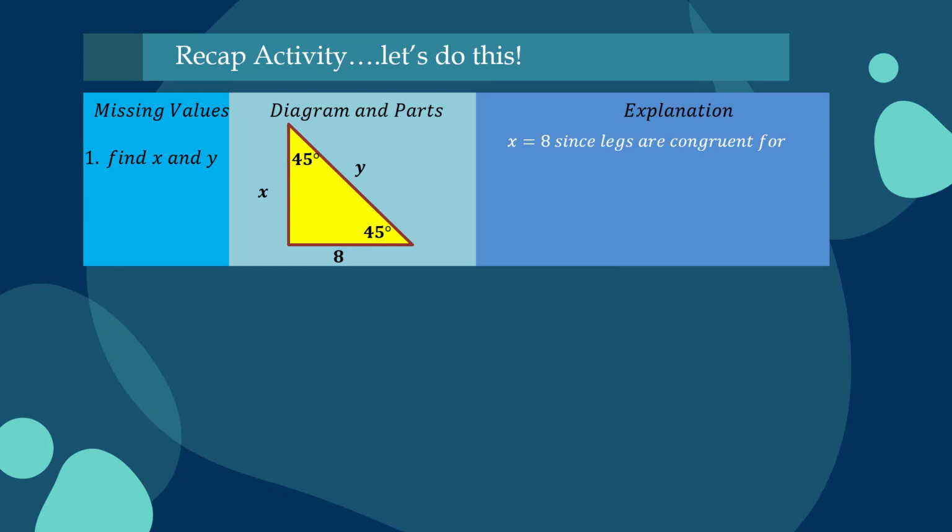The legs are congruent for a 45-45-90 degree right triangle, so if one leg is 8, the other leg is also 8. How about the hypotenuse, or the side y? Side y is 8 square root of 2, since hypotenuse is equal to the leg times square root of 2. So if our leg is 8, then our hypotenuse is 8 square root of 2.